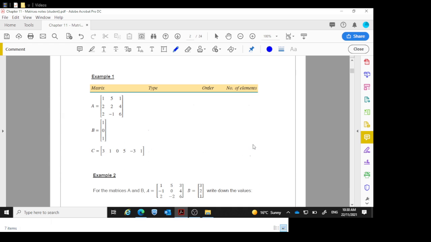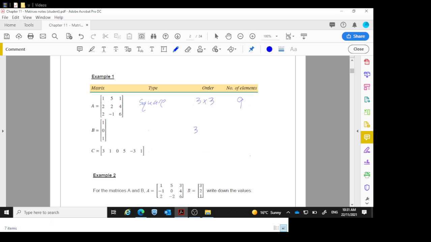Okay, example 1 says, here's a matrix, write the type, the order, and the number of elements. Okay, this one here, you can see there's 3 rows and 3 columns. So I'm going to do the order first, 3 by 3. That means there's 9 elements in there. And the type is a square. There's 3 rows and 3 columns.